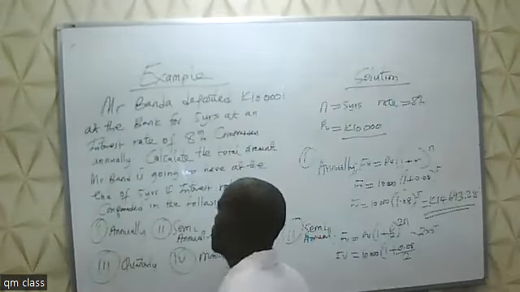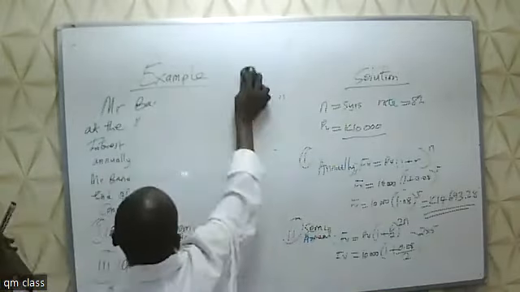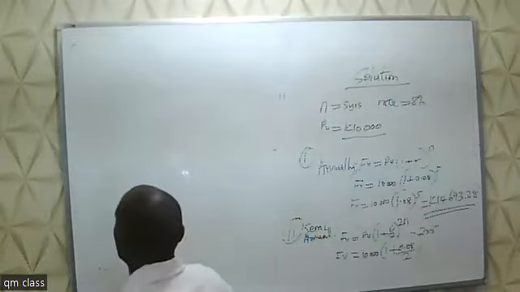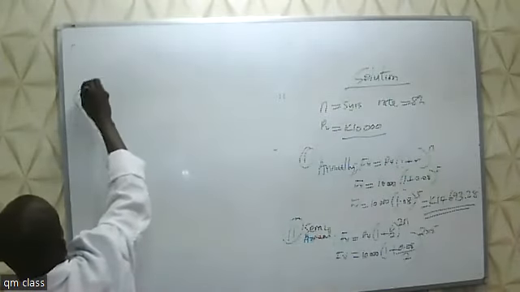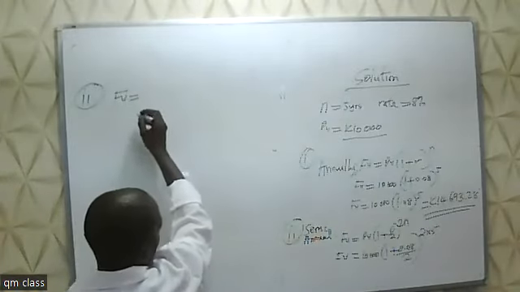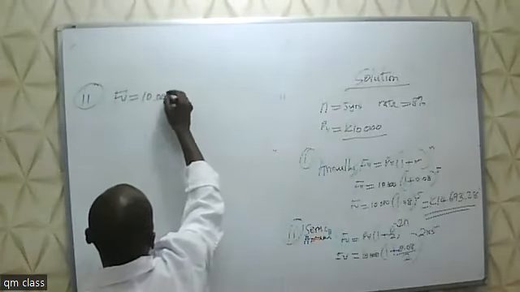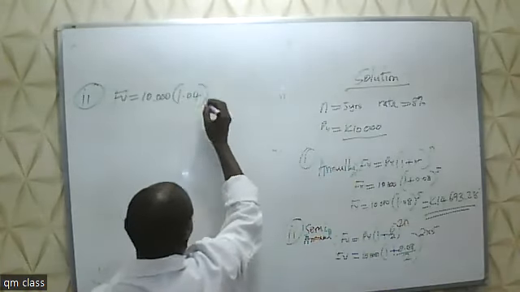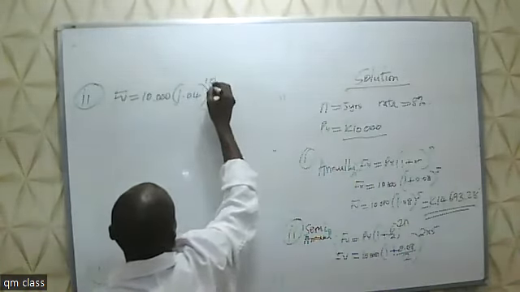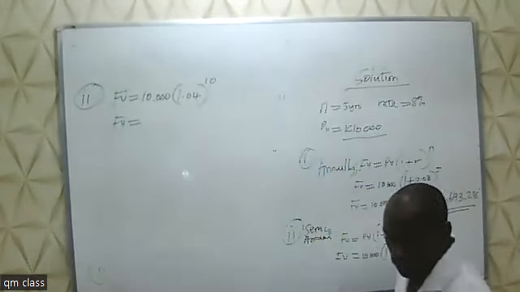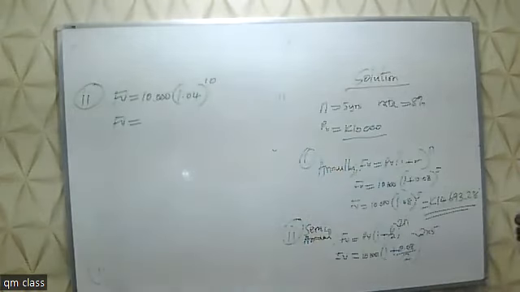So we can find the value there. Our future value of that deposit will be 10,000 times 1.04 to the power 10. Why 10? Because in 5 years, there are 10 semi-annual periods.